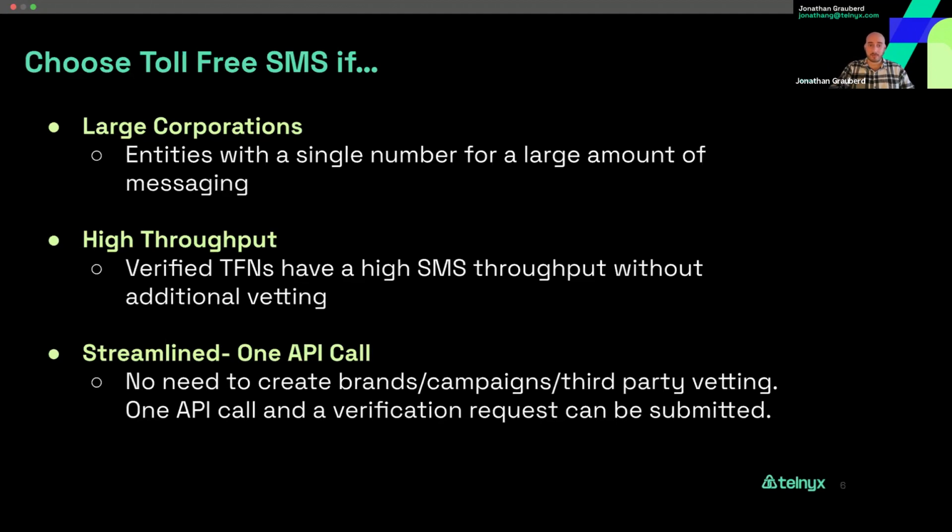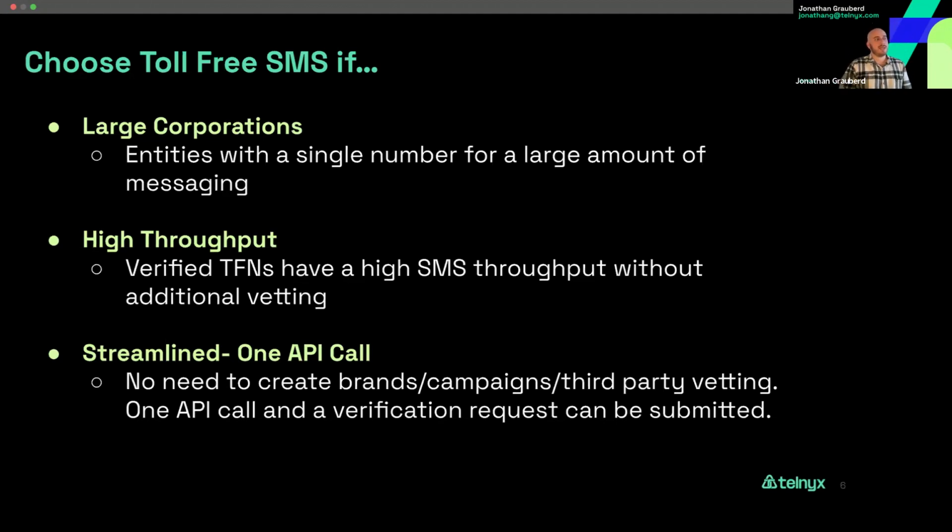For that reason, it is a really great thing to be used for, let's say, large corporations. If you have an entity that has one toll-free number or a handful that each have a lot of volume and consistently so, it's a great fit. As mentioned, you have very high throughput on the toll-free number.